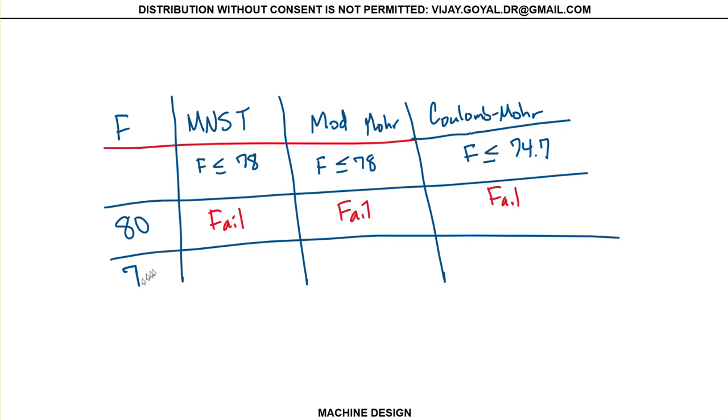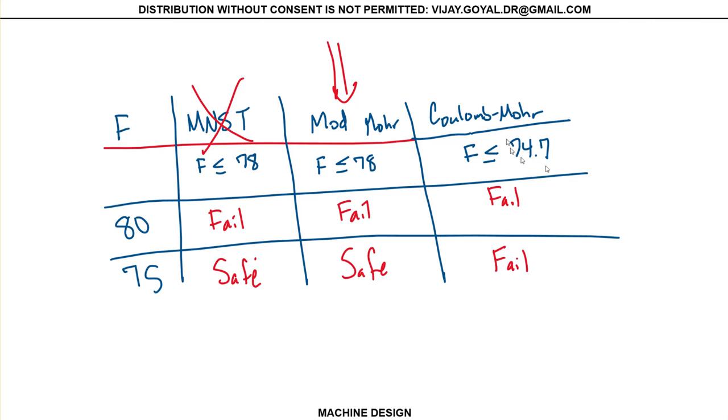So if I add 75 pounds now, you can see that for maximum normal stress theory, this is safe. This one is also safe. This is the one that we really care for. This one right here, we really don't care for this one. And this one just slightly fails.